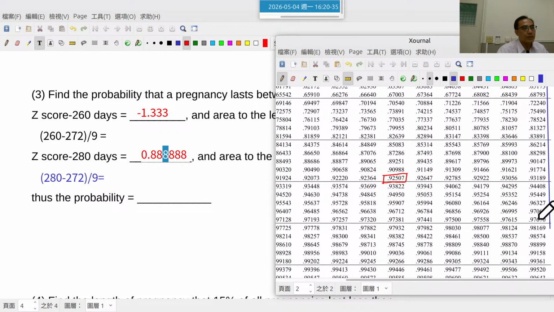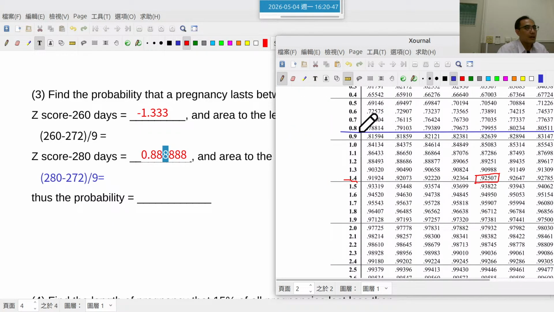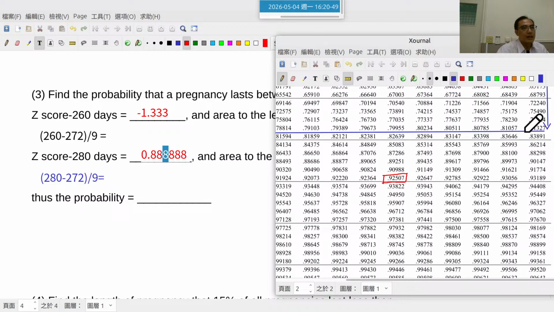Oh, sorry. Here, okay. And the area at 0.1327, round up to 3 decimals, the fourth digit is 2. We need to get rid of 2.